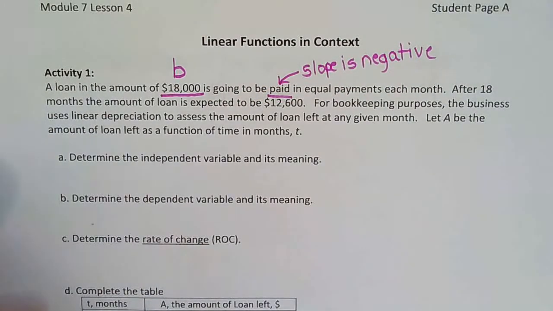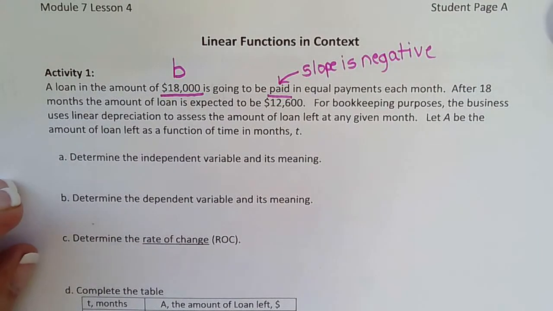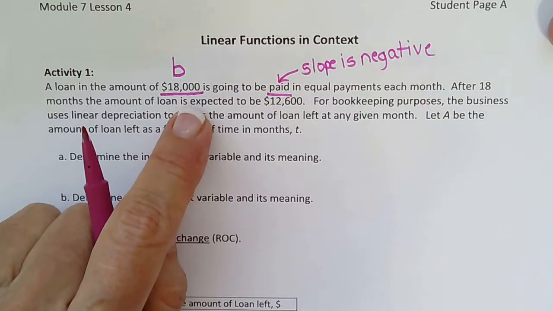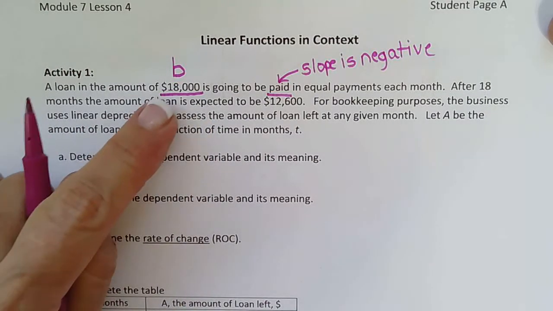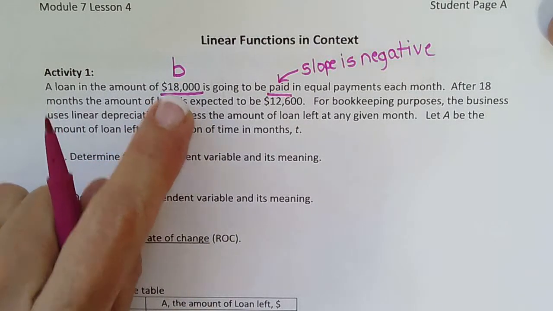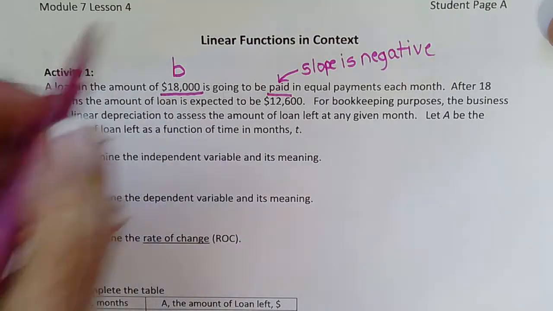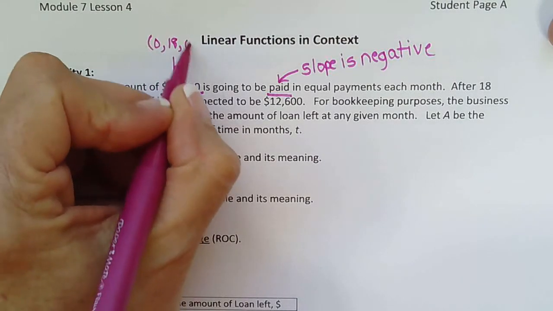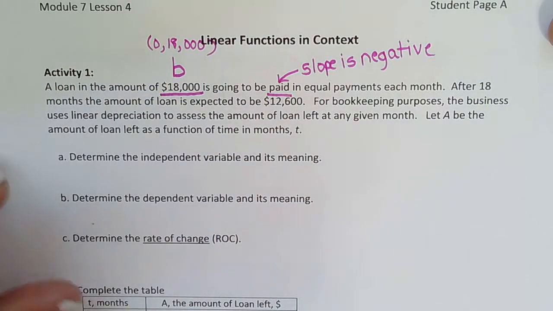Don't just read the problem and not pay attention. Think about the words they're using, the amounts they're giving you, and what they represent. So that's the starting place of the loan. That's our y-intercept, (0, 18,000), because remember the y-intercept always has x equal to 0.